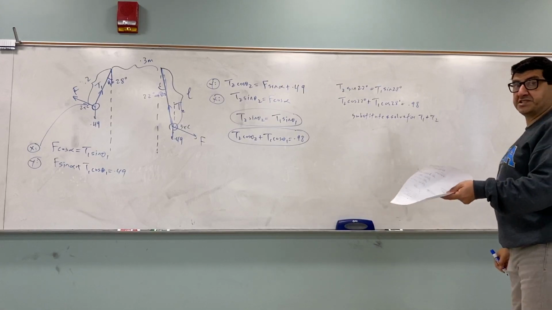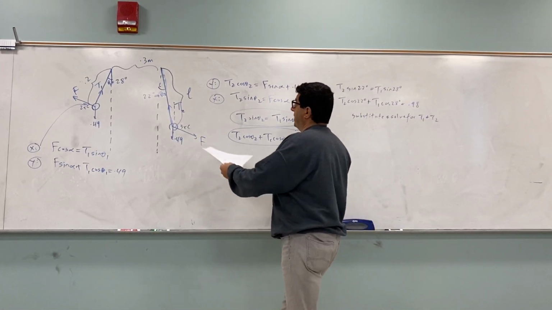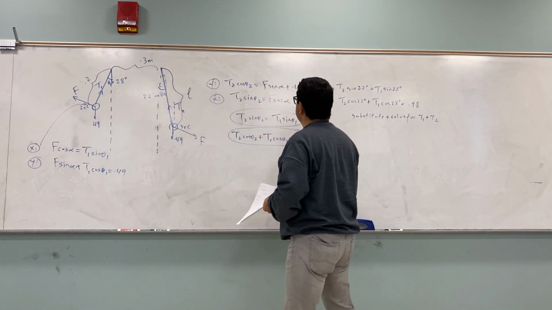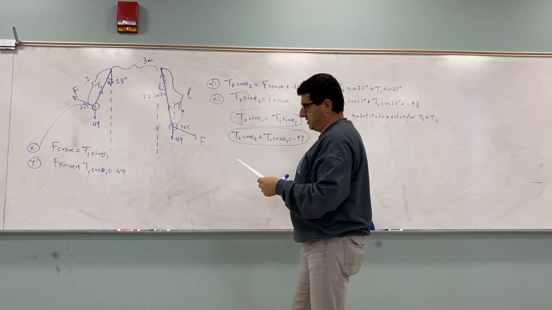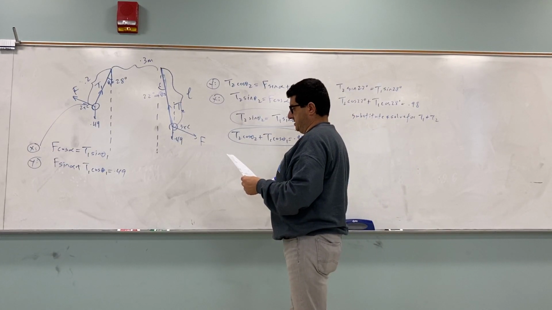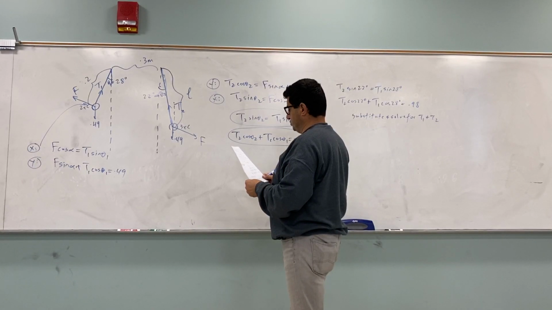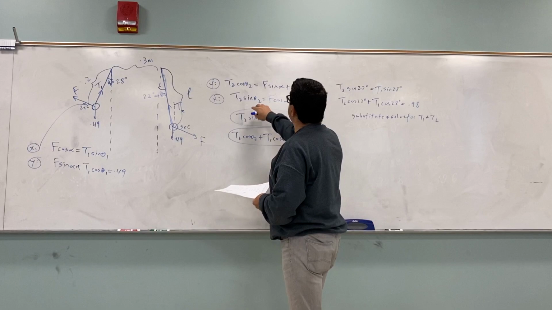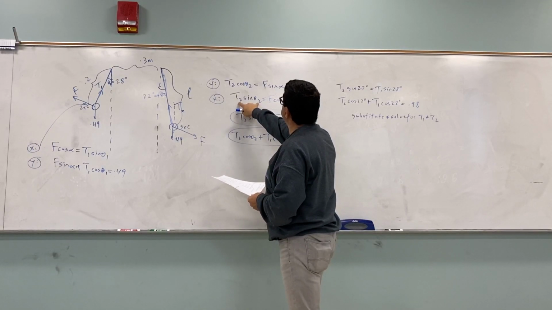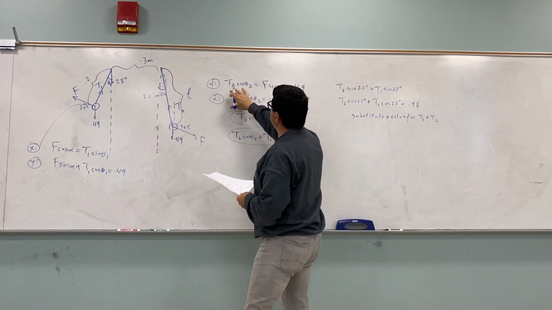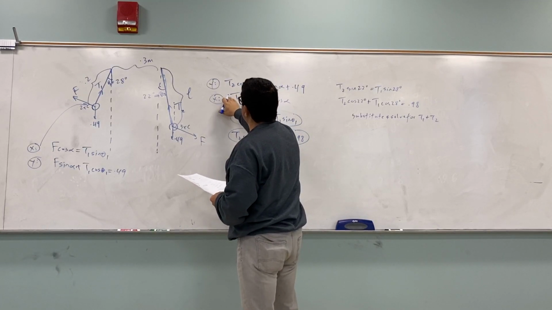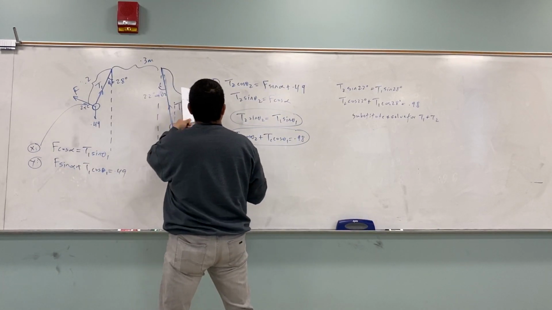Okay, but more interestingly, now how do we solve for the L? To solve for the L, here is what I did. I went back here and I took, let's say, equation 1 and 2. You could either take these two or take these two.